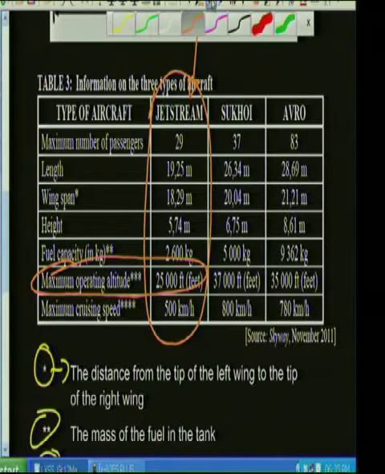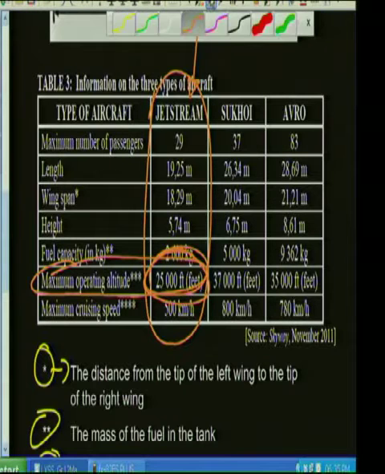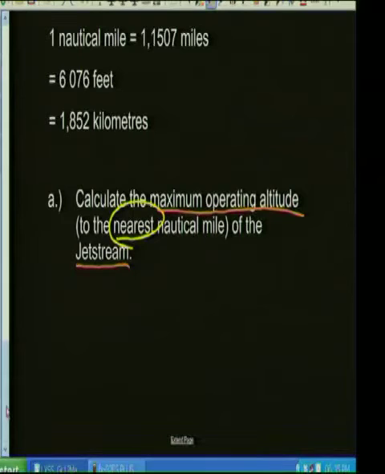So what am I focusing on? Guys, let's do this in a different color. Here we go. I'm worried about this 25,000 feet. So I've got to take 25,000 feet and change it to nautical miles. Okay, so this is what I'm going to write. I'm going to write that 1 nautical mile, and that's a horrible word to spell, isn't it?